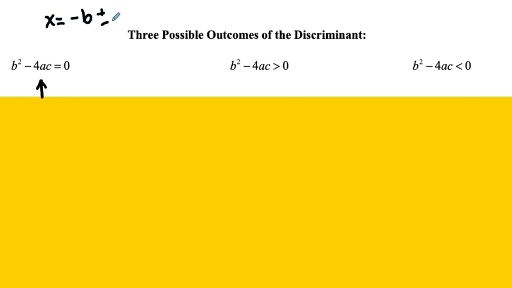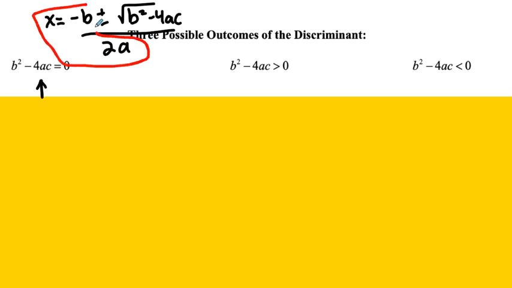Negative b plus or minus the square root of b squared minus 4ac all over 2a. If the discriminant was 0, that means I'd have plus or minus 0. So the plus or minus wouldn't really matter. So what I'd actually be left with would be x equals negative b over 2a. So I'd only have one x.